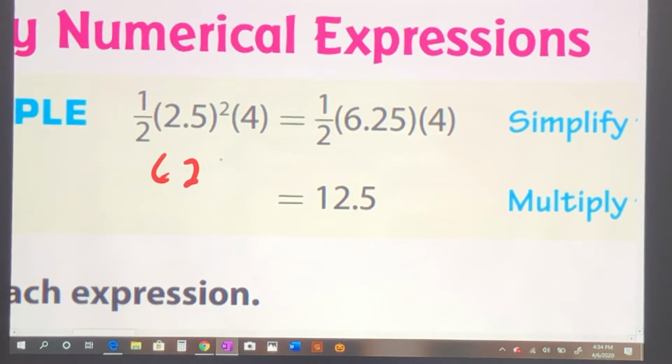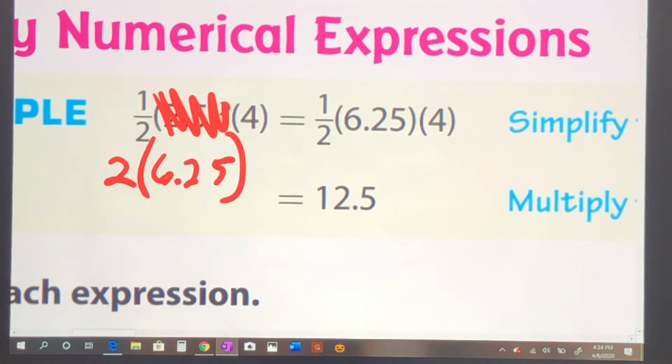That's 625. But it's not 25, it's 2.5, so I come back 2 places, and that's going to be 6.25. Okay, so that part's gone. I could do half of 4. What's half of 4? 2.